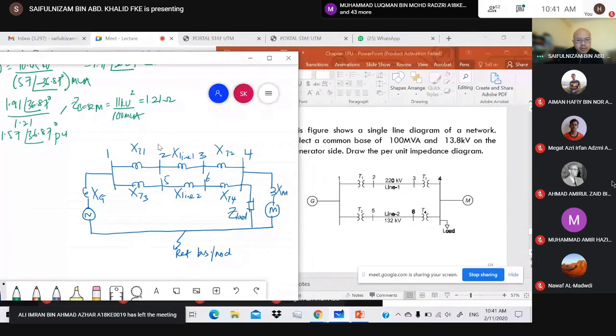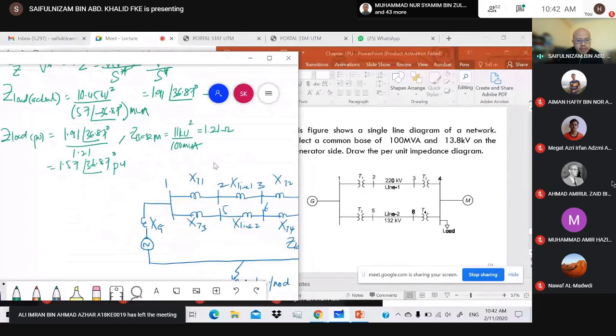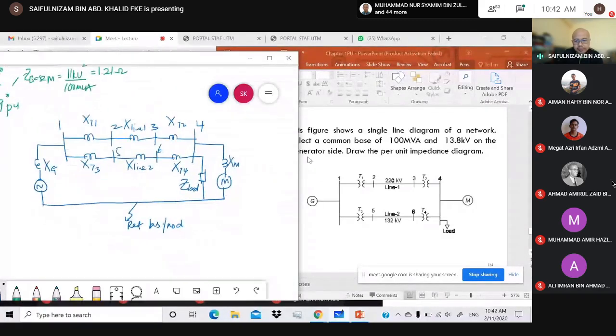Okay, you substitute all the values in this reactance diagram.